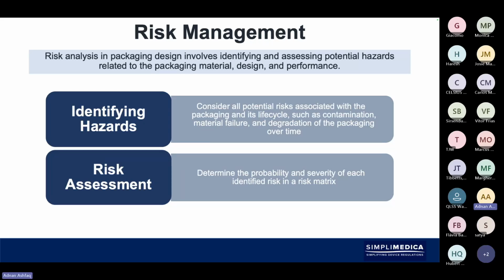So when you're looking at your risk management, it's identifying the hazards and considering all the potential risks of the life cycle, such as contamination, material failure, and degradation of packaging over time. It's great having a device which has maintained its integrity at this moment in time.